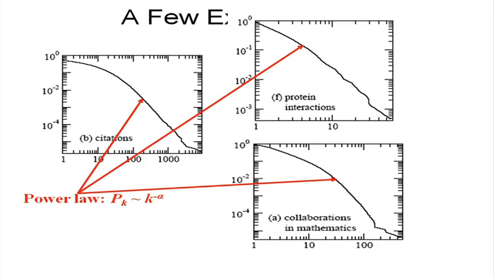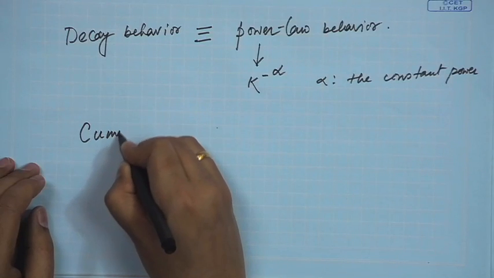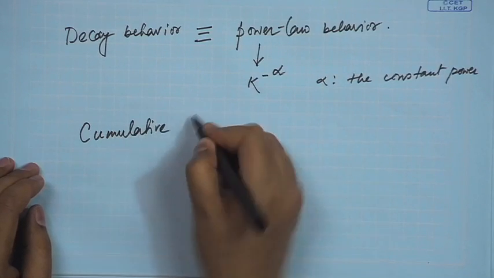Since these are real world data, in many cases while gathering the data there is some noise incorporated. So, sometimes in order to smooth out the degree distribution functions, rather than looking at the density function, you look at the cumulative density function, the cumulative degree distribution.